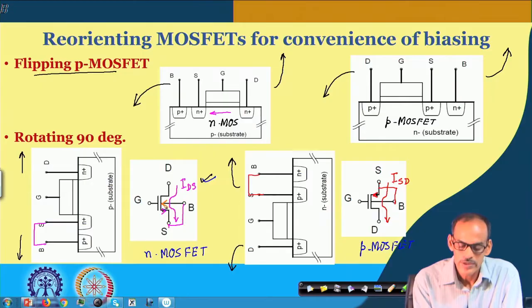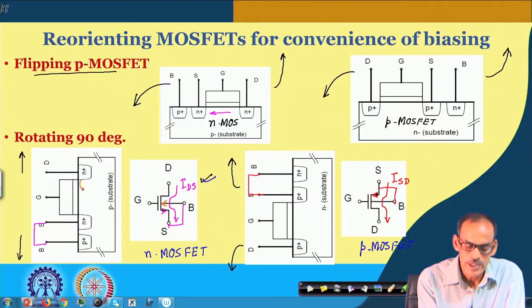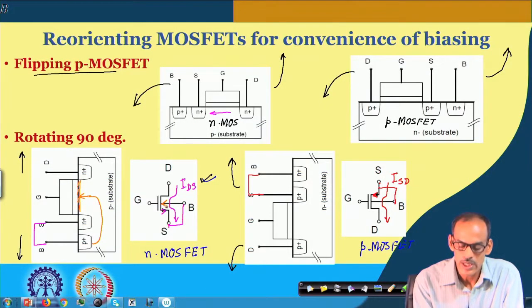In fact, we like to keep this arrow in a direction representing the polarity of the diode formed between the channel and the substrate. The channel is N type and the substrate is P type, so the arrow of the body is in this direction.